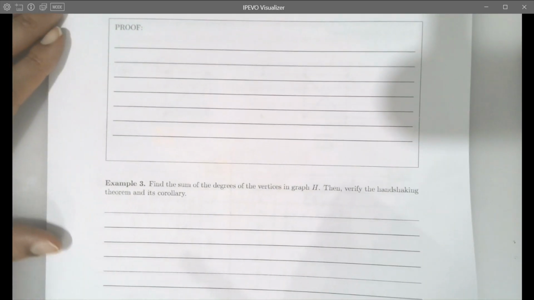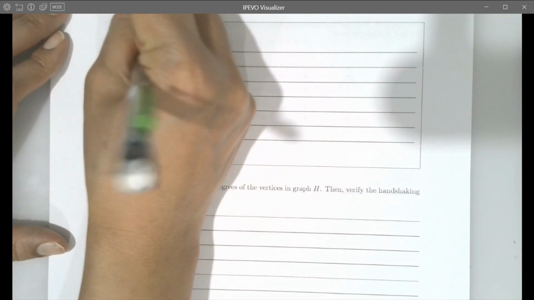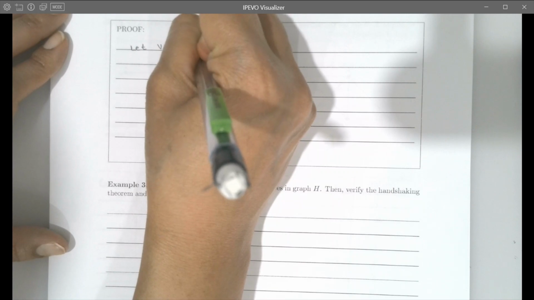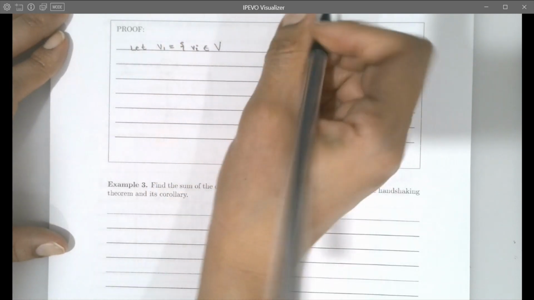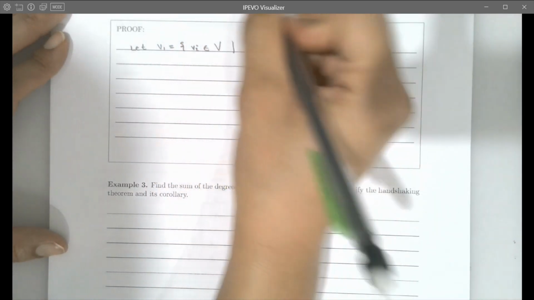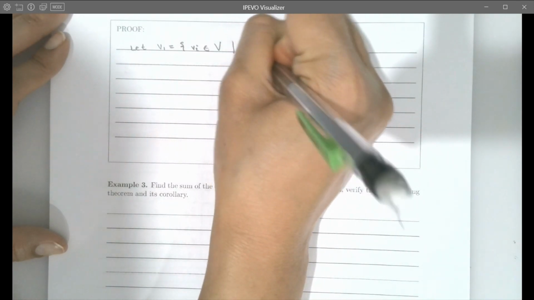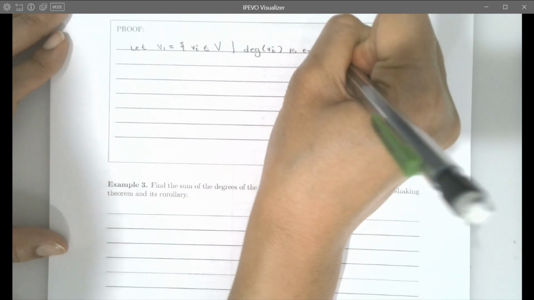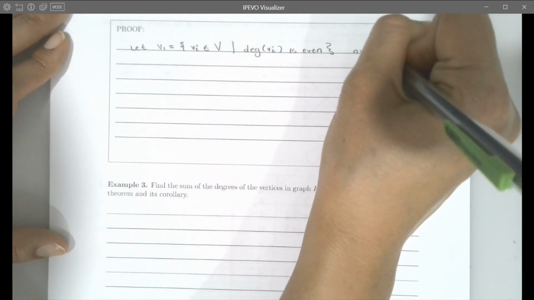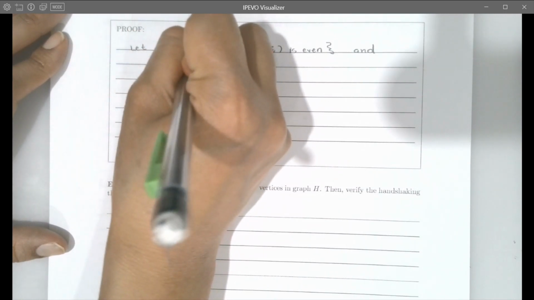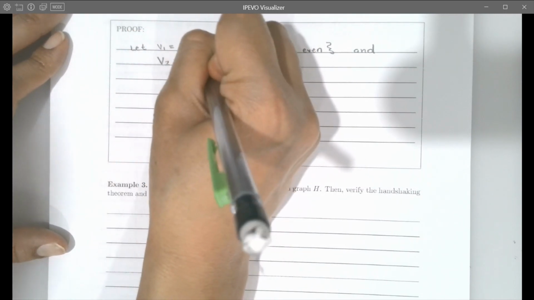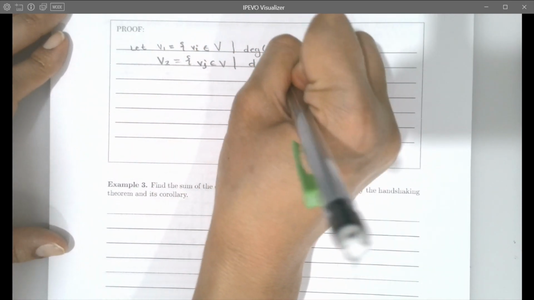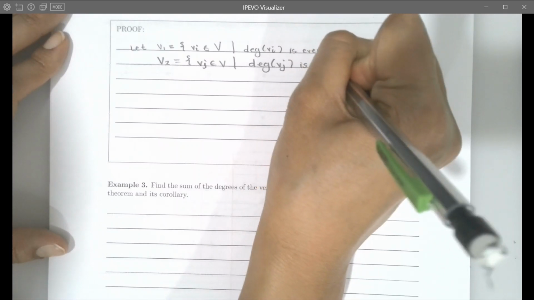So we're going to let V1 be the set of all vertices, let's call them Vi, in the original set V, such that the degree of Vi is even. And we're going to define V2 to be the set of all vertices, Vj in V, such that the degree of Vj is odd.